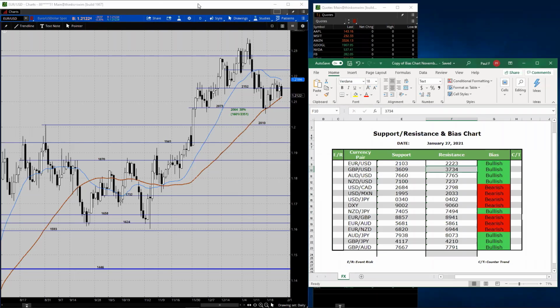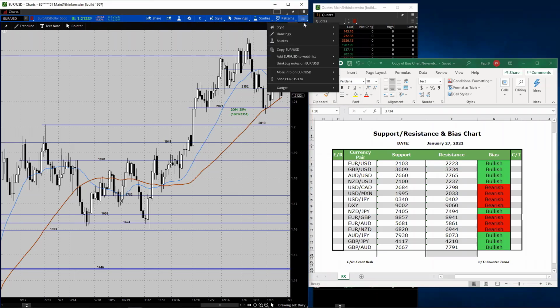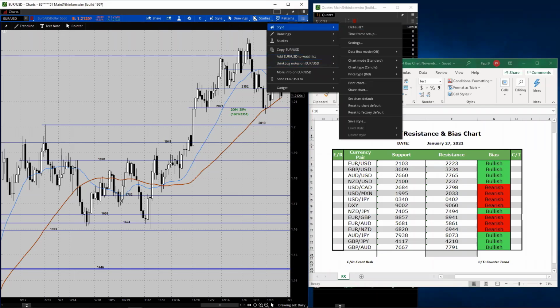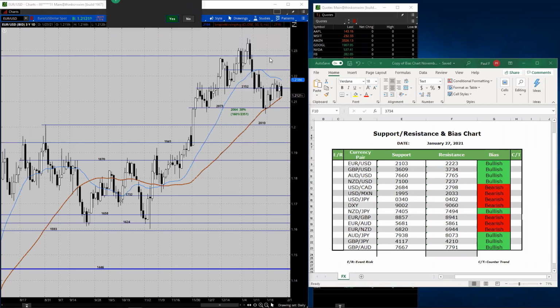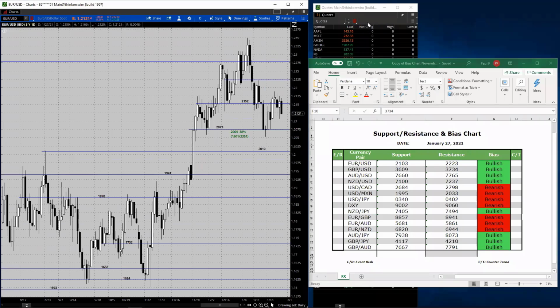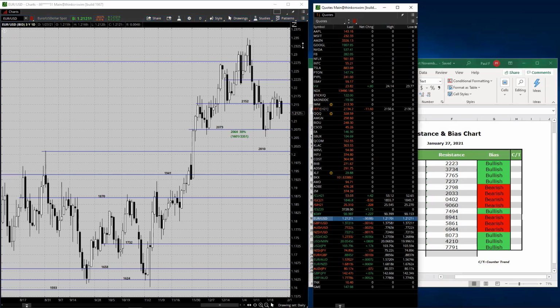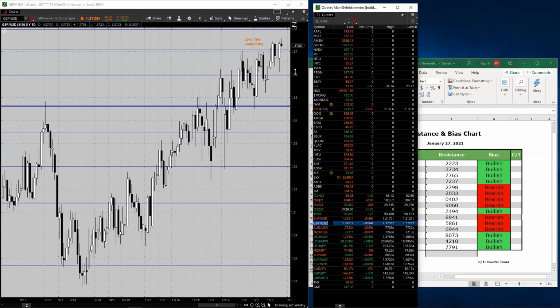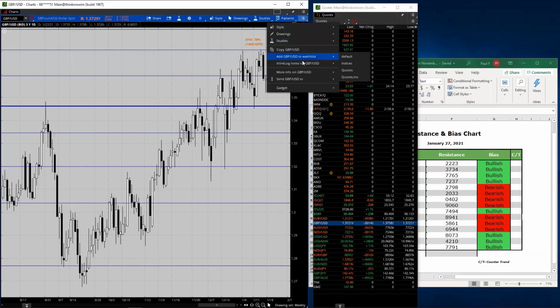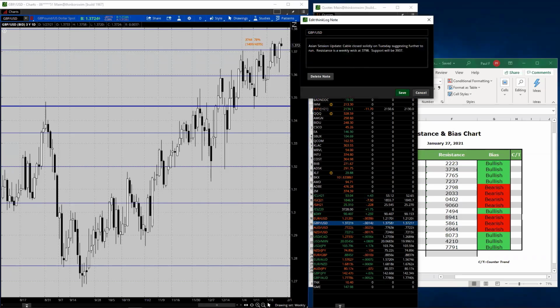Onto the cable. Kiwi closed solidly on Tuesday, suggesting further to the run. Resistance is a weekly wick at 37.98. Support will be 39.37.